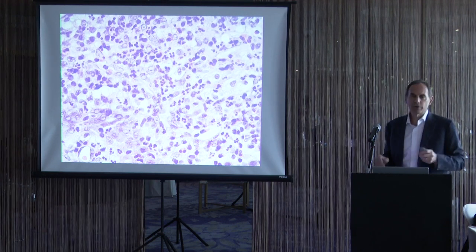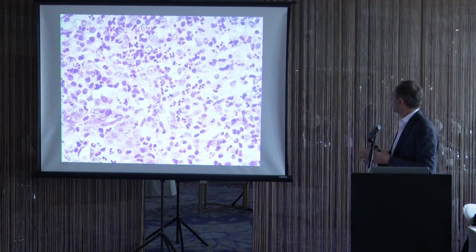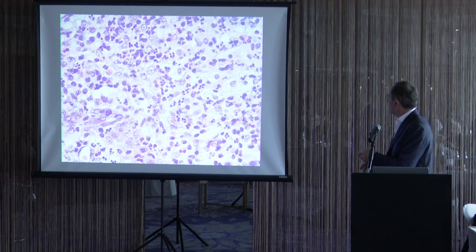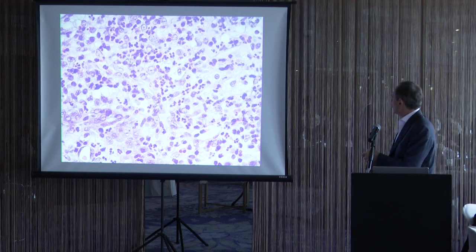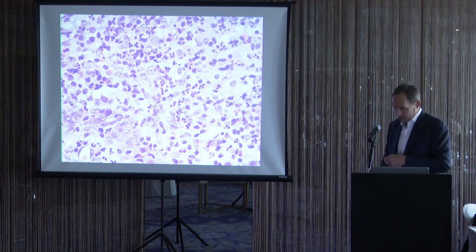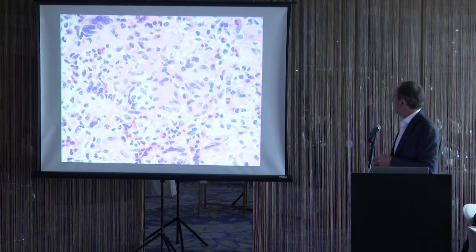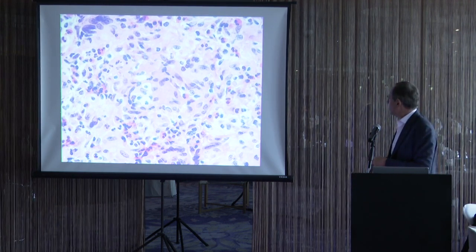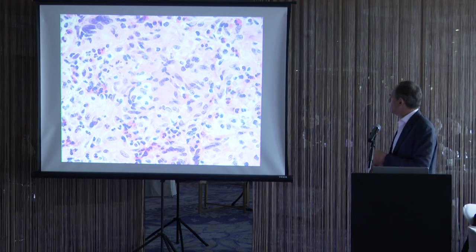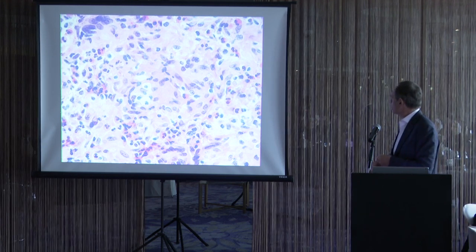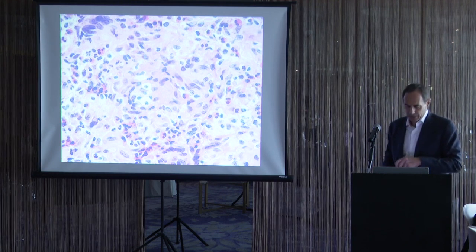It's very polymorphous. You get eos, neutrophils, and then you get these histiocytes, which is where the term nonspecific granulomatous prostatitis comes from. Some of them start looking a little bit more granulomatous, but again, you have these eos and polys. I wouldn't do special stains on a case like this for organisms. Again, it doesn't look like cancer.